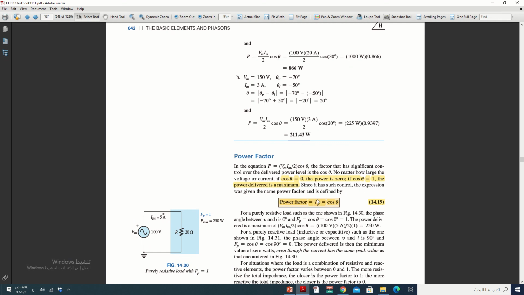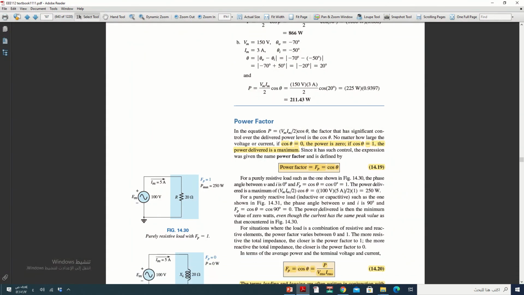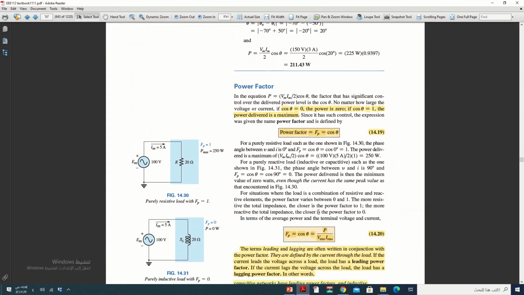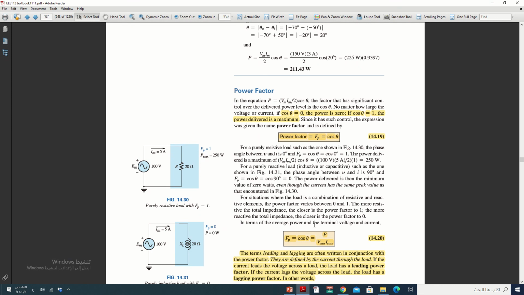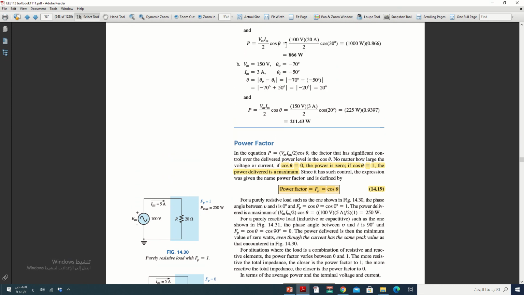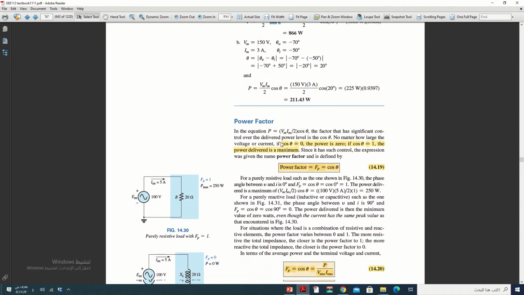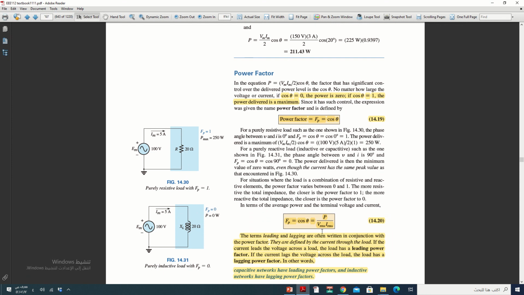Power factor PF equals cosine theta. From this formula, you can write another form of cosine theta, which is equal to P over V RMS multiplied by I RMS. This is another form.